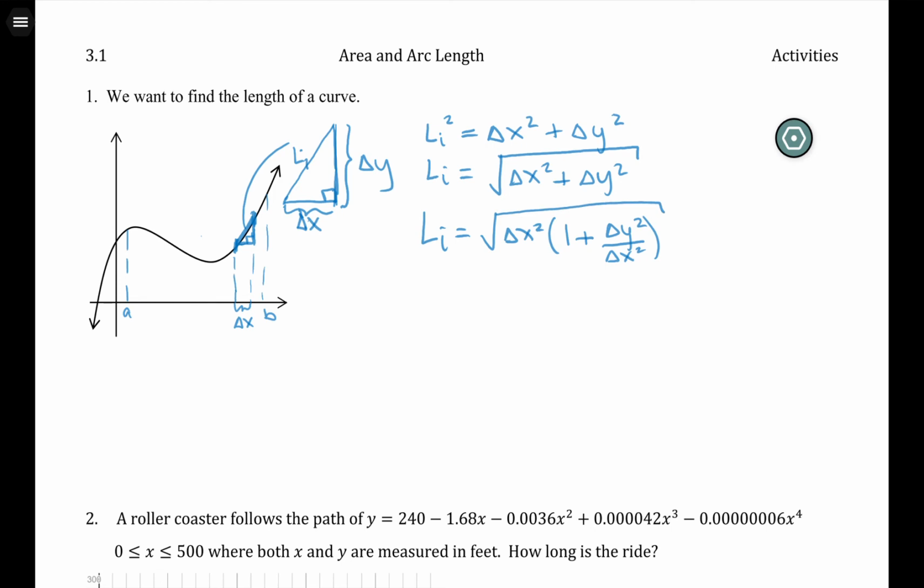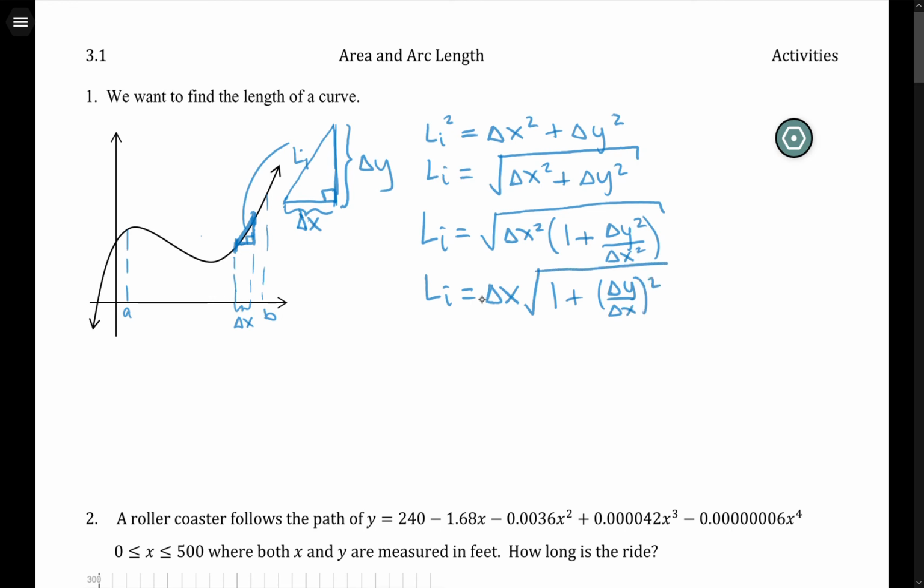One is I have the square root of a perfect square, so square root splits over multiplication. I can take the square root of the delta x squared, and that just leaves me with a delta x out in front of the root. The other one is, if I look at this as delta y over delta x, squared, I start getting closer to notation I want to see. Okay, so this is the beginnings of our formula. That's how we're going to calculate an L sub i, and I'm going to rearrange just a little and put this delta x out at the end.